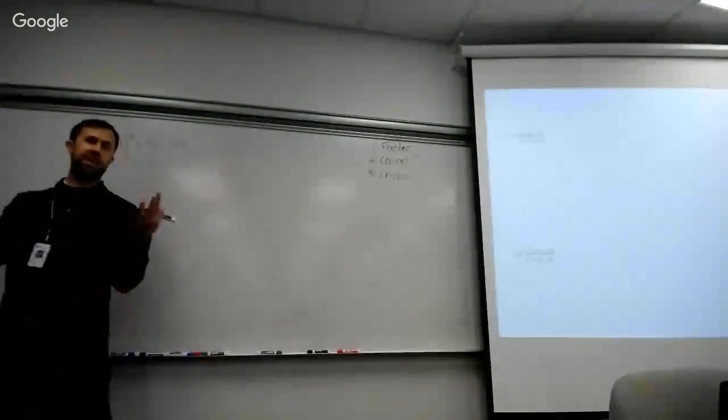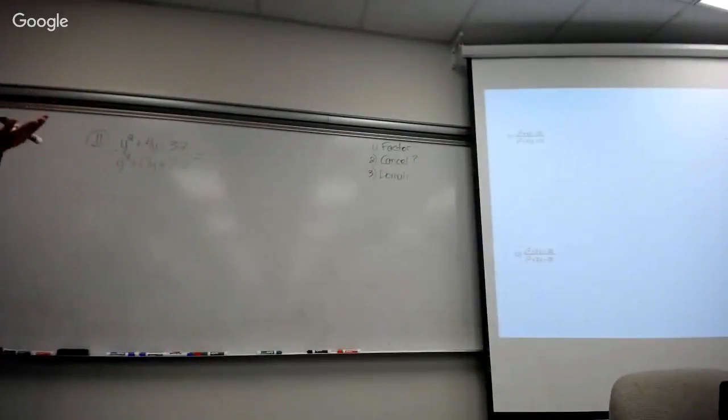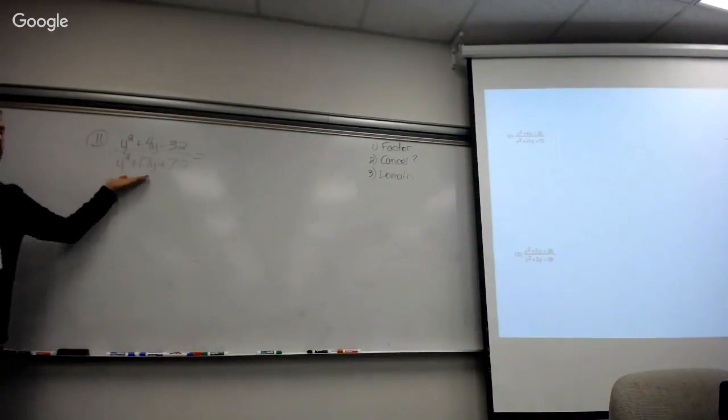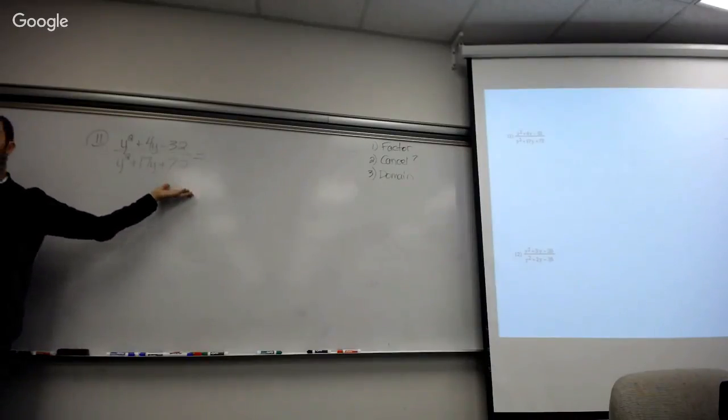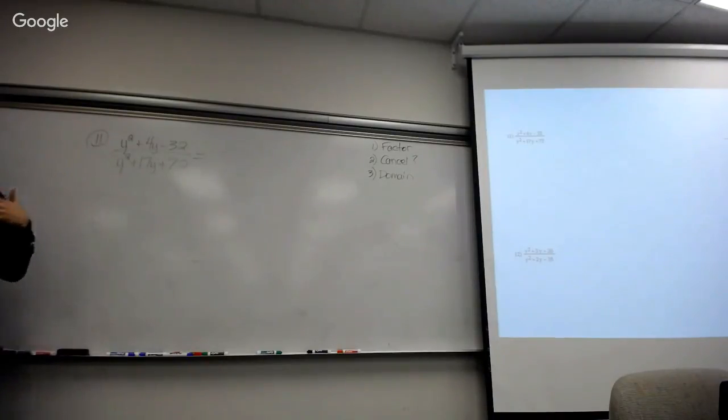It's not just for the chance that one of them cancels and one of them doesn't, and therefore you have a hole and an asymptote. But why else do we have to factor right now? Do we know what number not to plug in so that the denominator equals 0? We have no idea, right? I have no idea what number to plug in right now that would make this denominator equal 0. So it's for two big reasons that we do have to factor.